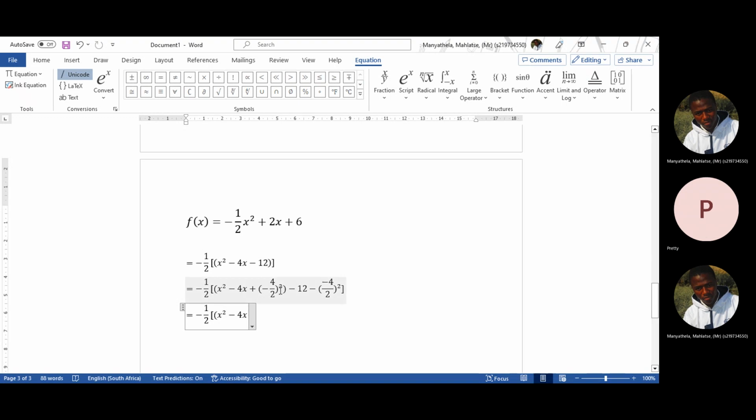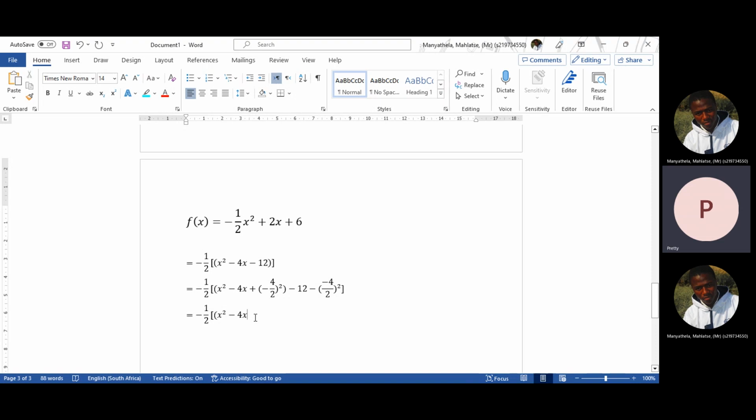Put it in brackets exactly the way I highlighted the part, and punch it as it is on your calculator. It gives 4. So we have 4.